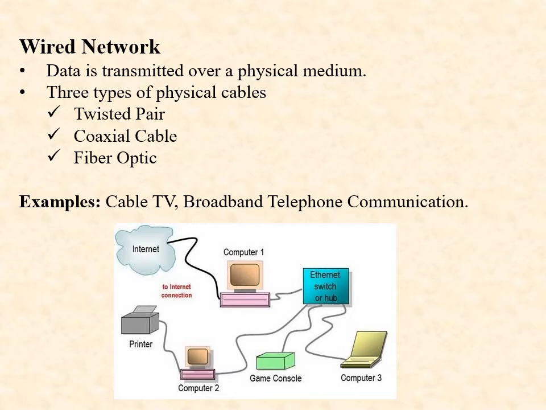In a wired network, data is transmitted over a physical medium. There are 3 types of physical cables used in a wired network: twisted pair, coaxial cable, and fiber optical cable. Examples for these wired networks are cable TV, broadband telephone communication.